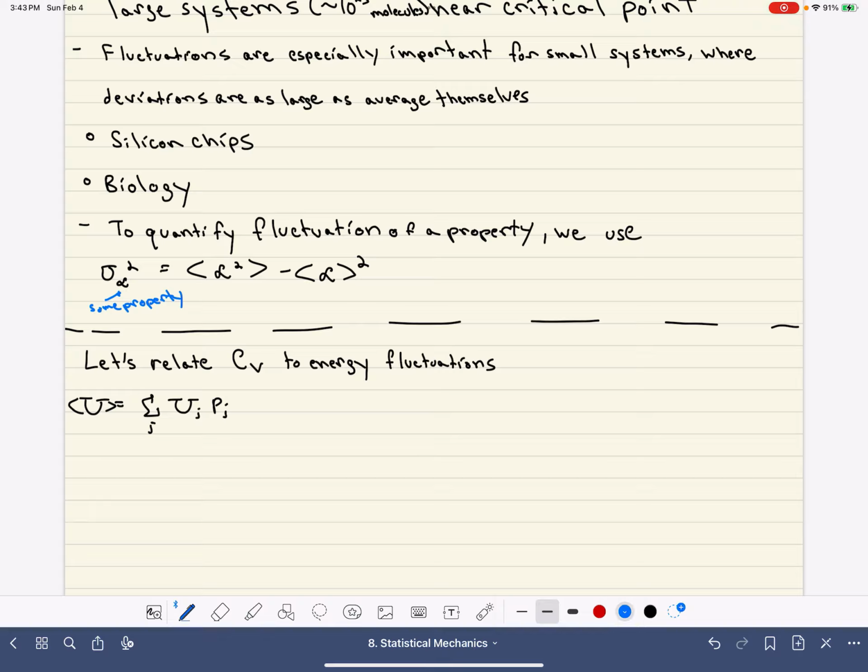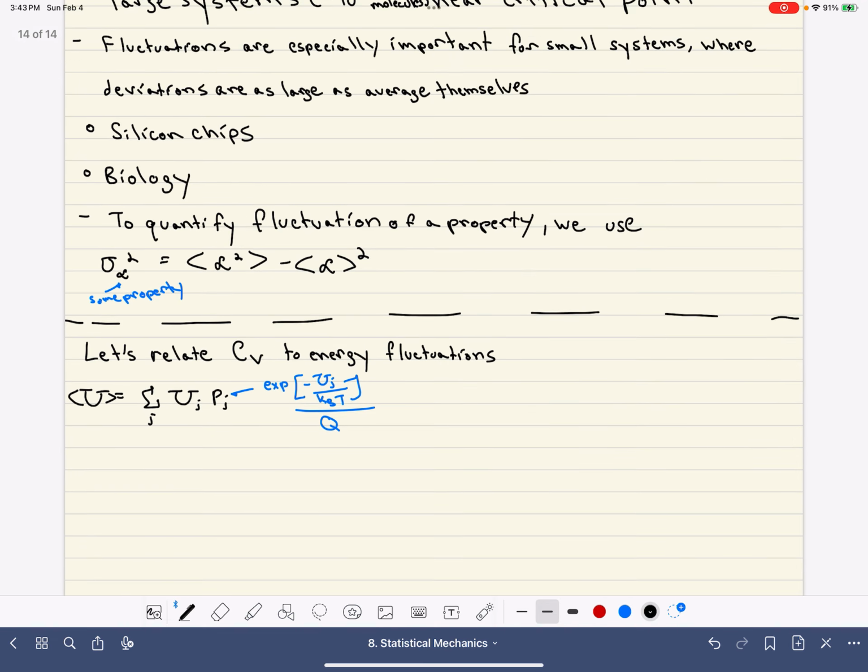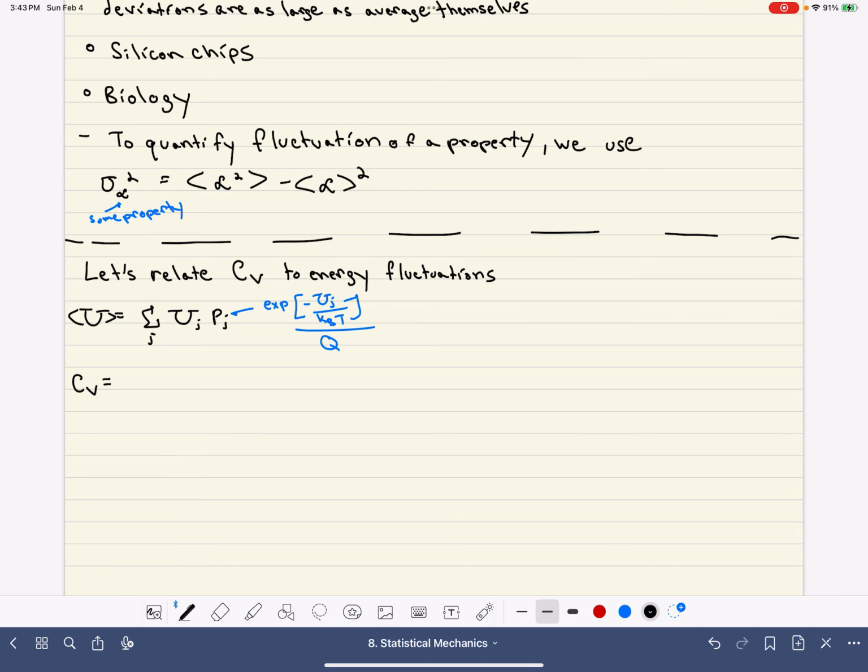And we know that the probability is described by the exponential of minus Uj over kBT, over the partition function Q. From thermodynamics, we know that the constant volume heat capacity is just going to be equal to the partial derivative of dU/dT. So that's going to be this: Uj, which is not a function of temperature, and the partial derivative of the probability, which is a function of temperature.